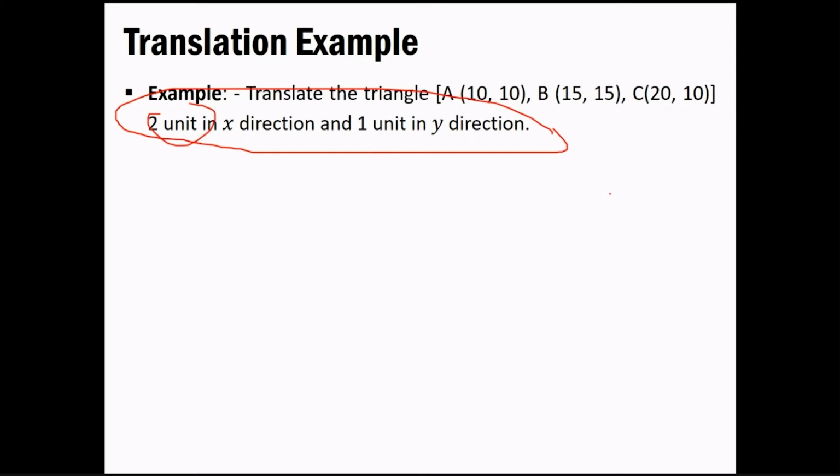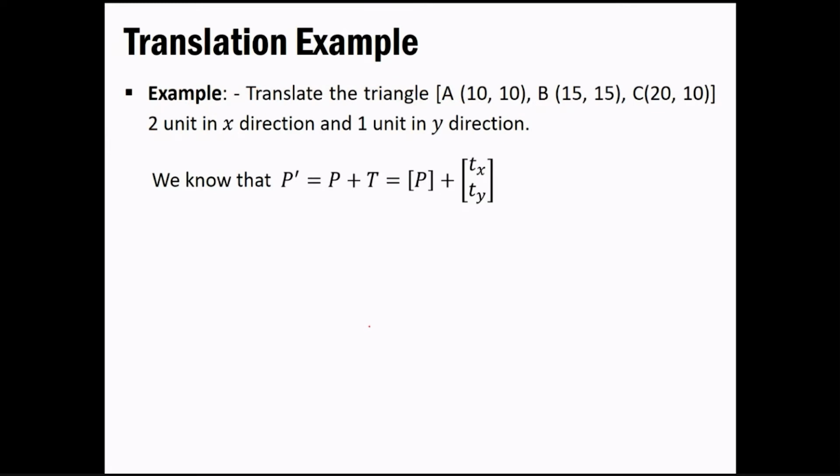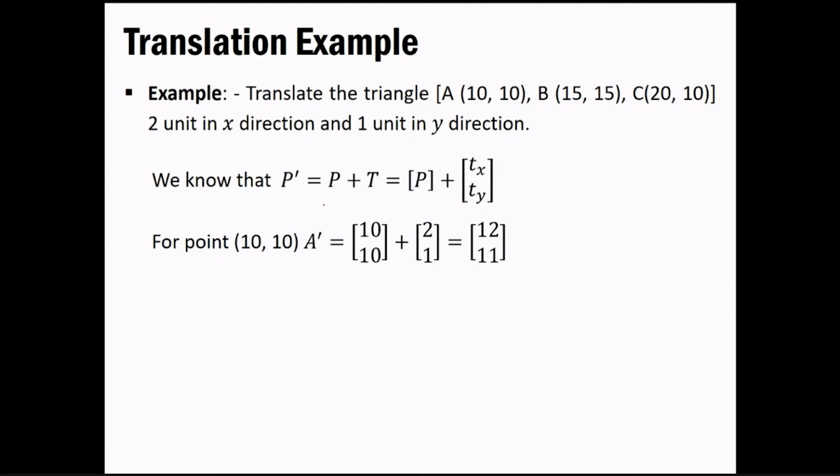So now you have two things with you, the x and y values. As per the previous slide, you just need to add these to the endpoints that you have. So over here P dash equals P plus T. Start with the individual points given in the question. For the point 10 10, you can add this way for simplicity.